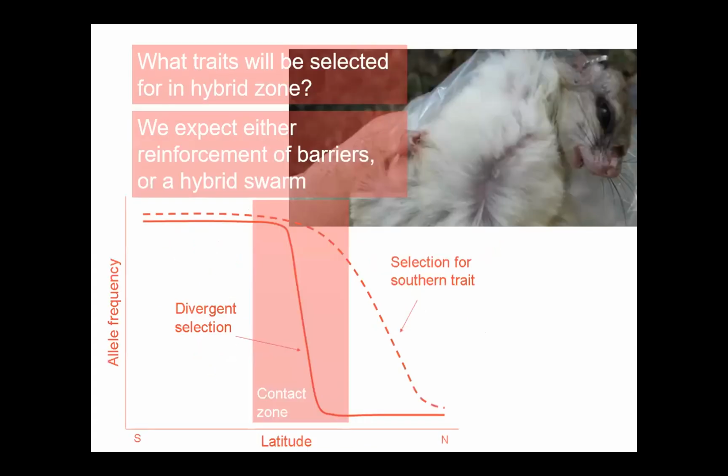So we either expect to see this divergent selection in the hybrid zone and increased reinforcement, or else we're going to see selection for hybrids because they gain some kind of advantage.